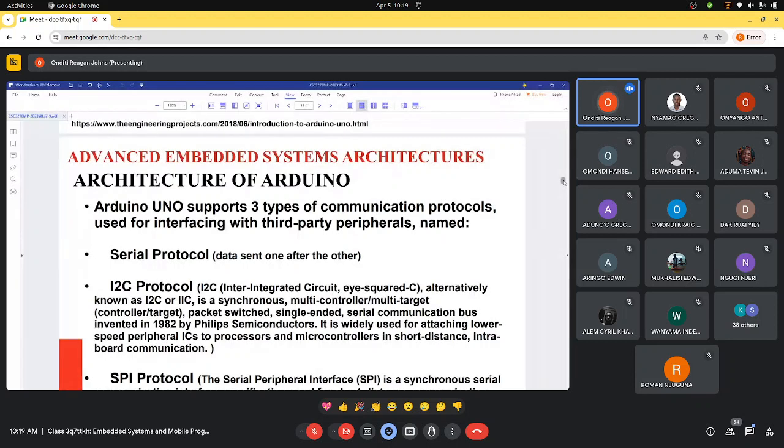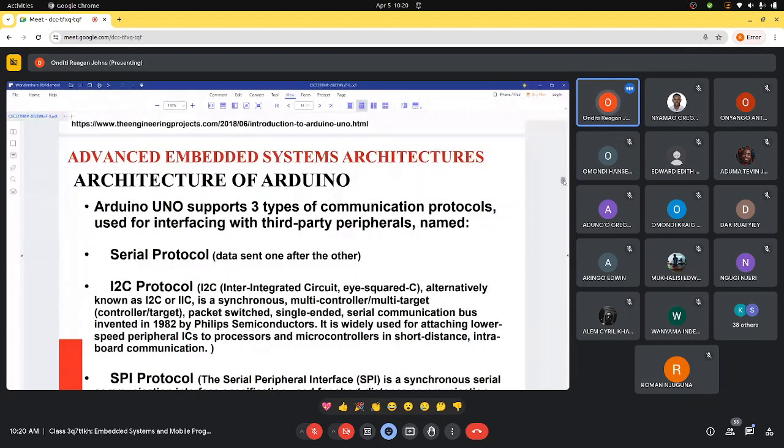The C port, correct? That you guys are using. Alternatively, it's called I2C or IIC. It's synchronous, multi-controller, multi-target. It does so many things: a packet-switched, single-ended, serial communication bus.